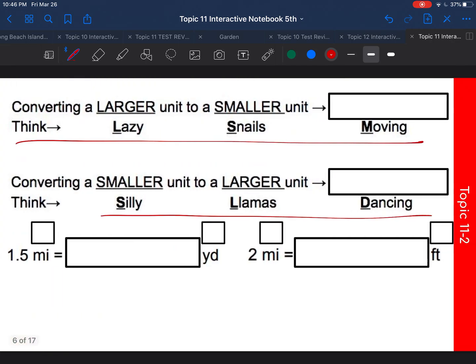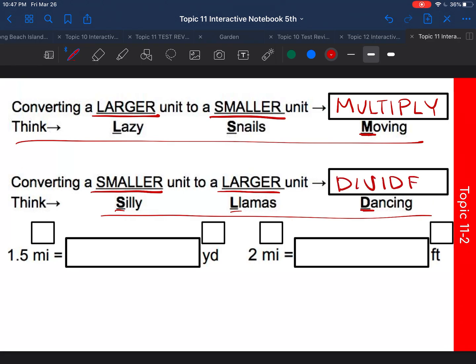So let's give these a go. Again, I'm going to go over these mnemonic devices. If we're converting a larger to a smaller unit, lazy snails are moving, we are going to multiply. If we are converting a smaller to a larger unit, silly llamas dancing, we are going to divide.